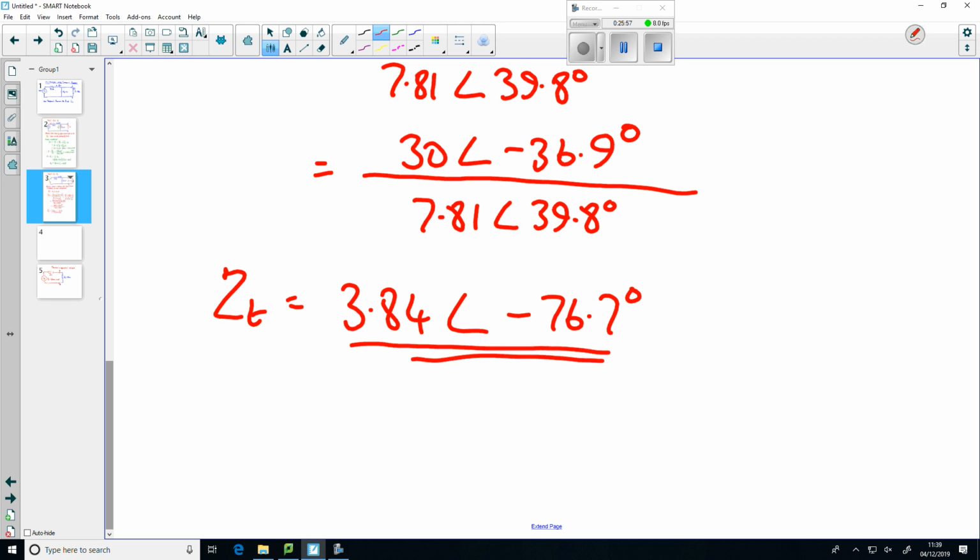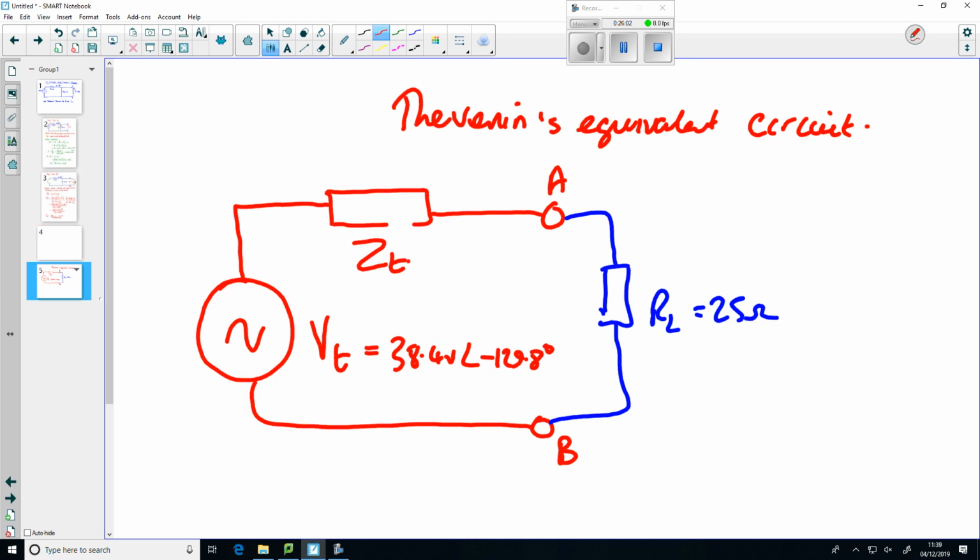So we can now put that value on our equivalent circuit. That's 3.84 angle minus 76.7 degrees. So now we've got a relatively simple single voltage, two components in series calculation to be able to find the current.